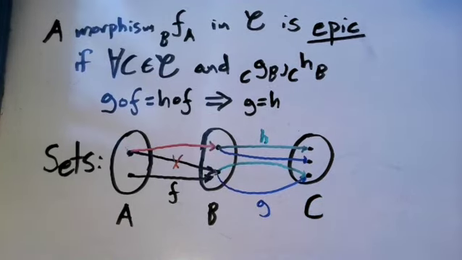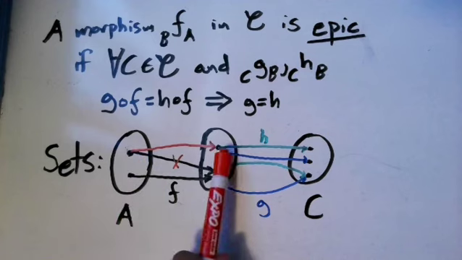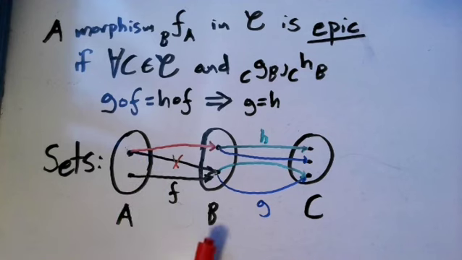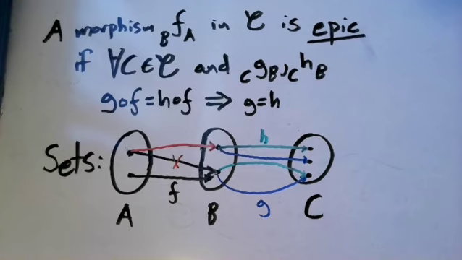On the other hand, if F were a surjective function, that is, say F mapped this top element to the other element in B, thus covering all of the elements in B in the range of F, it would be impossible for this property not to be satisfied.